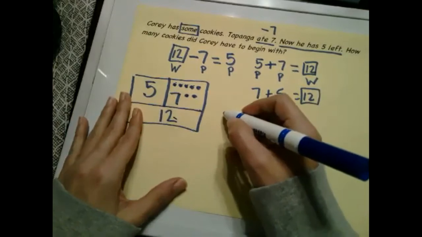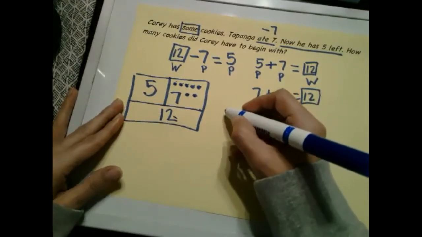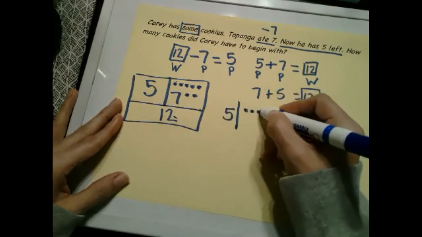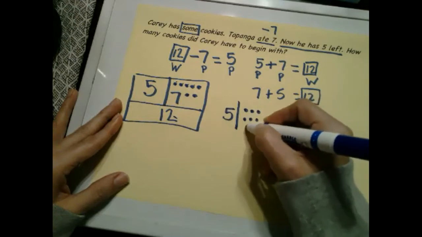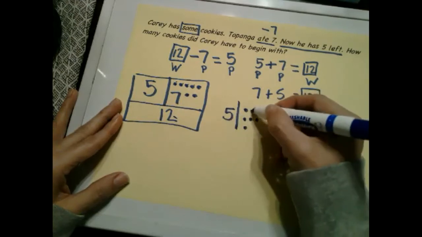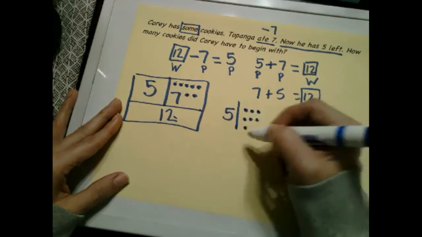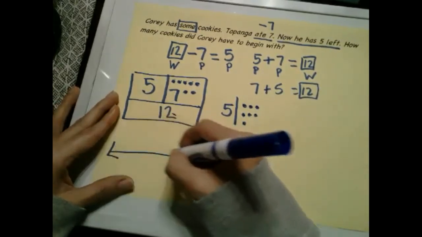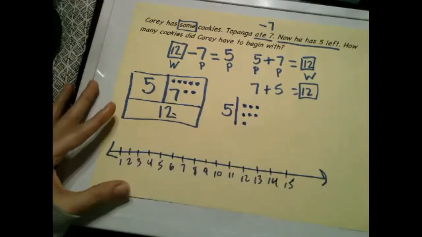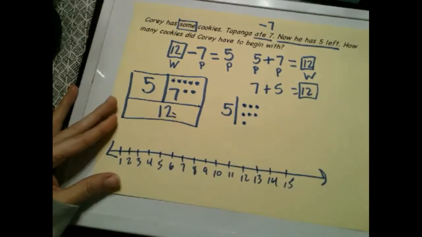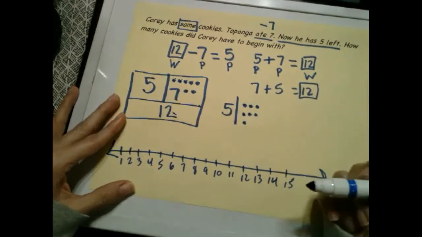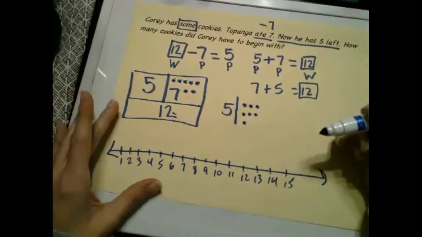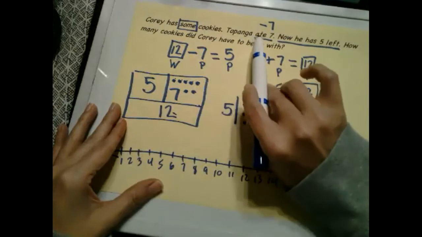I could also try this with counters. I know that I have 5. I add 7 more. 5, 6, 7, 8, 9, 10, 11, 12. And my answer is still 12. On a number line, I could still show my thinking. I know that I had some and I ate 7.